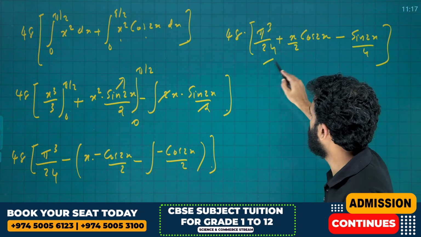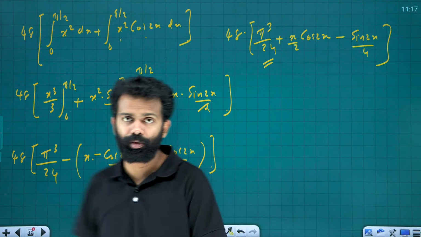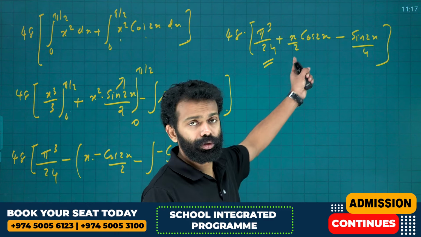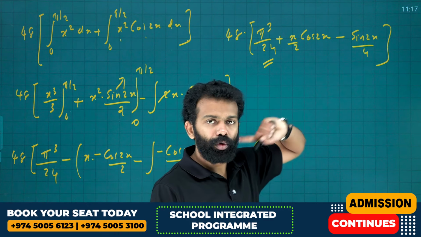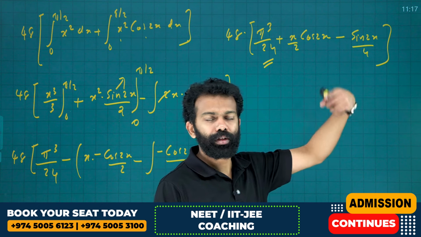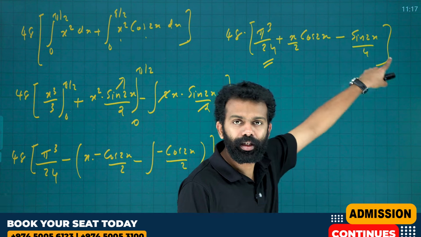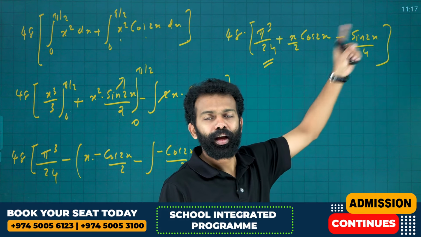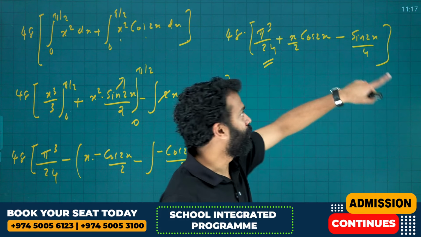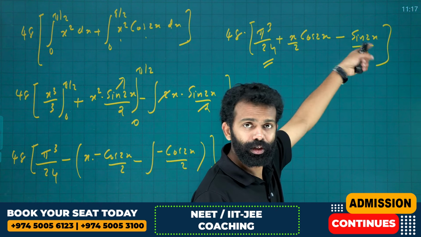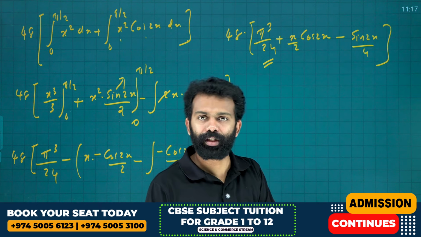Here we have already substituted the upper limit and lower limit. In both the cases, we need to substitute the upper limit and lower limit. There is no need of substituting the lower limit here, because if you substitute the lower limit here and here as well, it becomes 0. And what about pi by 2? If you substitute pi by 2 also here, it will get 0, that is sin 2 pi by 2 becomes sin pi.